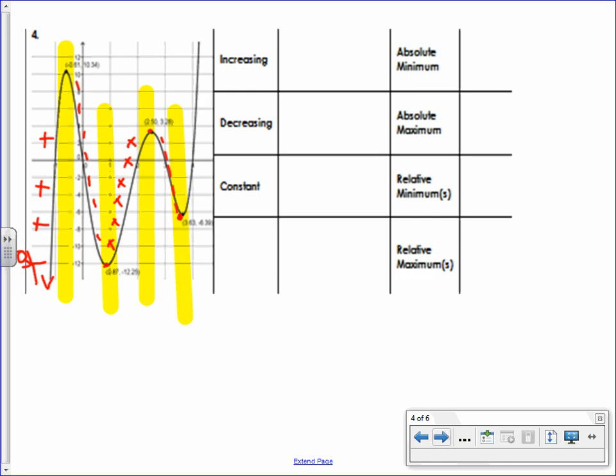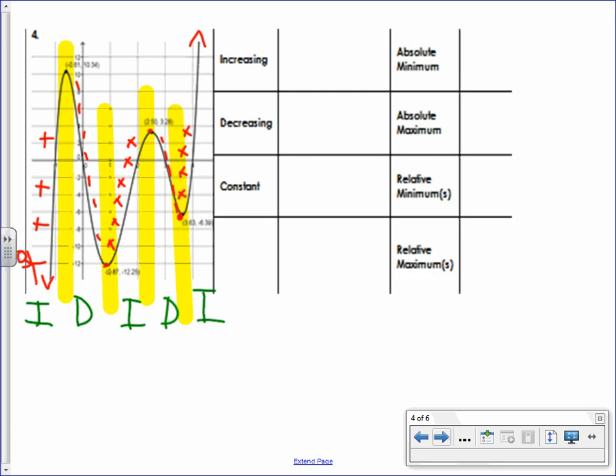Then he hits this point and he starts increasing again. Now, if we notice, he's increasing into infinity. Okay, so if I label my sections, my first section, he's increasing. Second section, he's decreasing, increasing, decreasing, and then increasing.